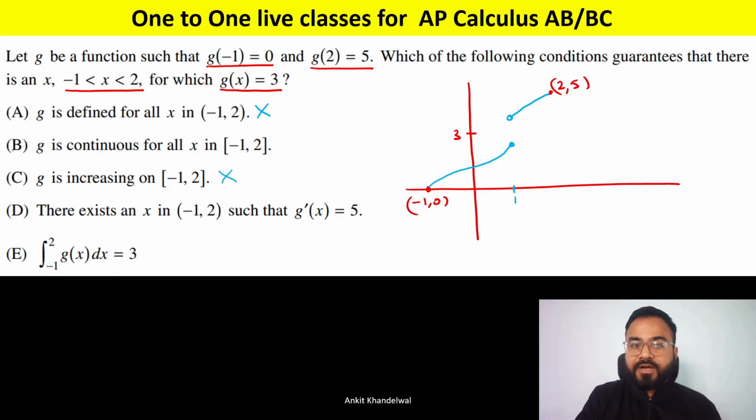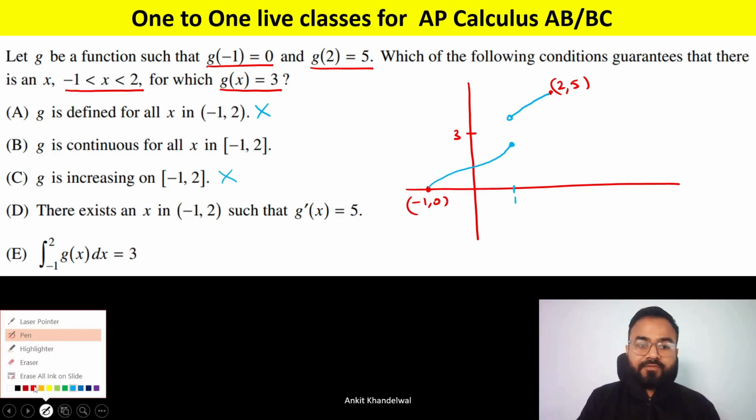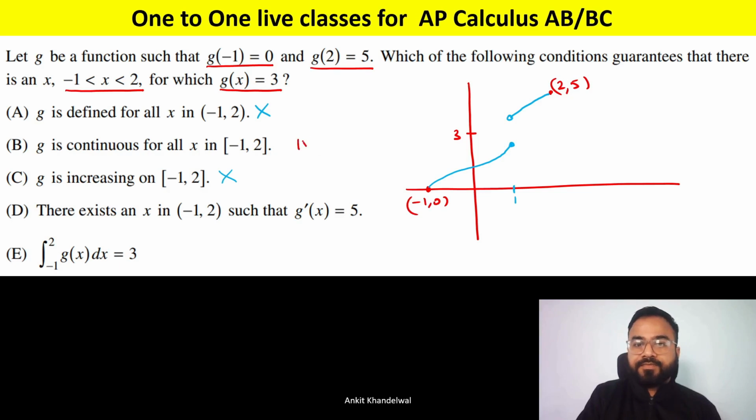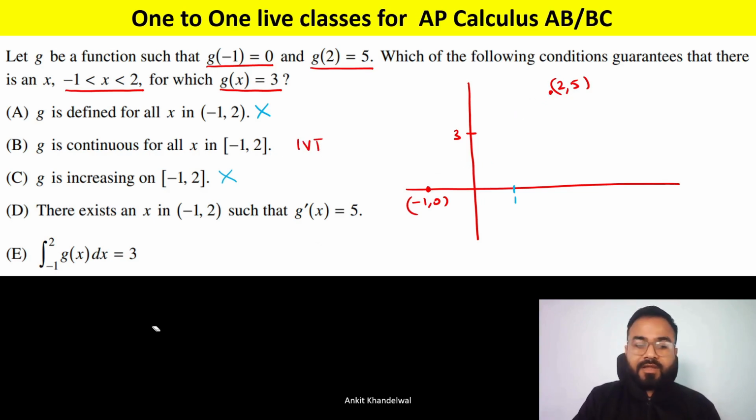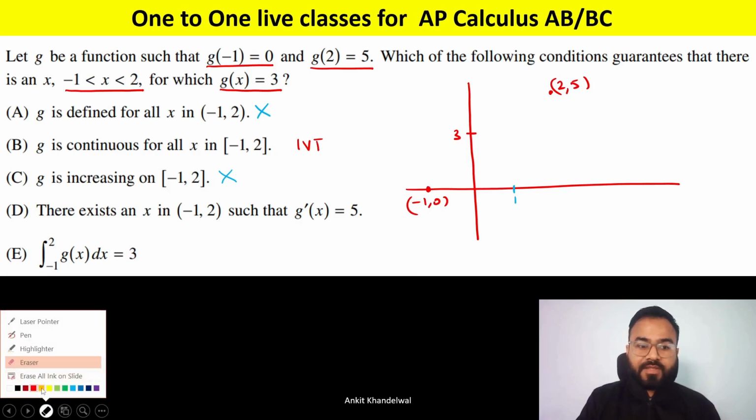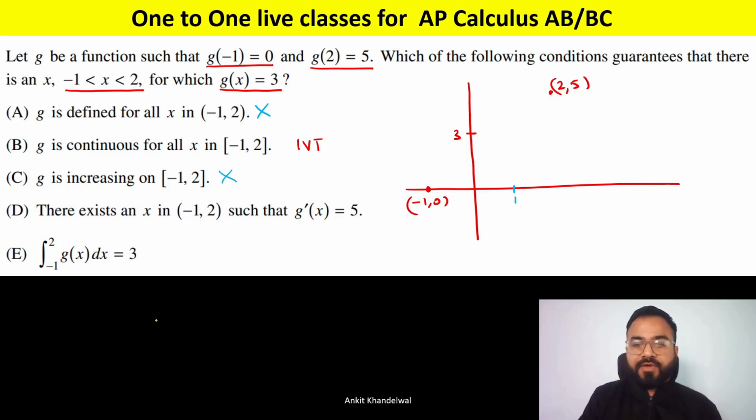Second, option B says g is continuous for all x in the closed interval -1 to 2. Now there is a theorem called the Intermediate Value Theorem. What does the theorem say? If a function is continuous in the closed interval, then between any two output values, like the two output values 0 and 5, and 3 lies between 0 and 5, then there will be at least one value of x at which g(x) will be equal to 3.